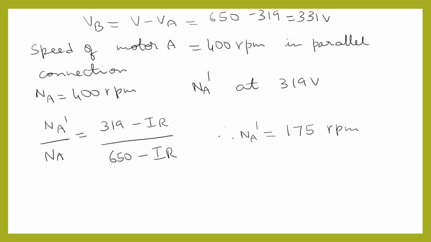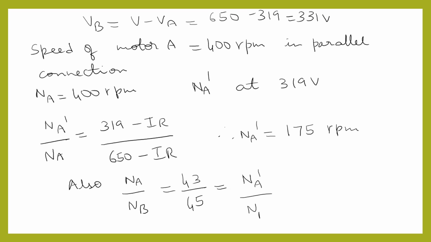Also, we have Na by Nb equal to 43 by 45, which is also equal to Na dash by Nb dash.